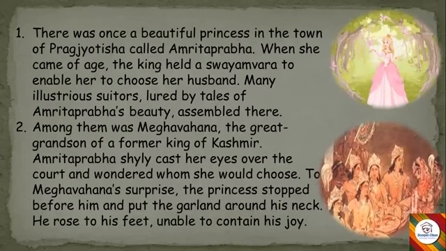So here Meghavana was also one of the persons who had come to the Swayamvar, and he was the great grandson of the former king of Kashmir. And Amrita Prabha shyly looked at everyone, confused and wondering whom she could select as a husband. Then, to the surprise of Meghavana, the princess stopped near him and put a garland around his neck.